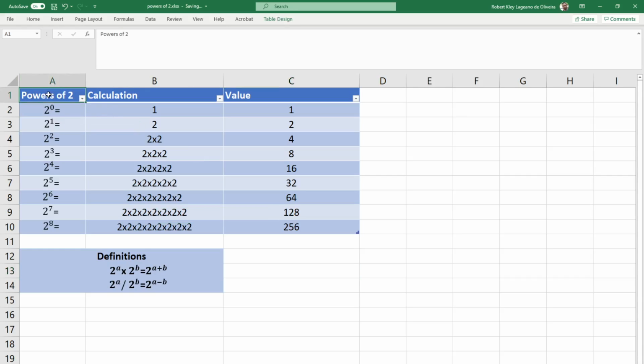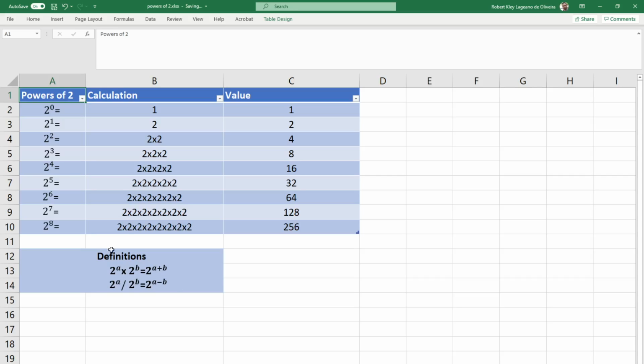Now, related to the powers of numbers, there are two important definitions that we need to take, and we can use these definitions in our favor when we're calculating powers of 2. So for example, 2 to the power of a number multiplied by 2 to the power of another number is just basically 2 to the power of the sum of the exponents. And 2 to the power of a number divided by 2 to the power of another number is equal to 2 to the power of the first exponent minus the second exponent.